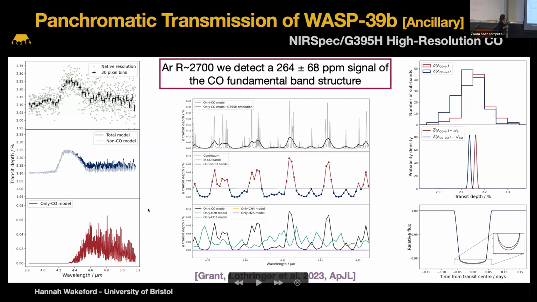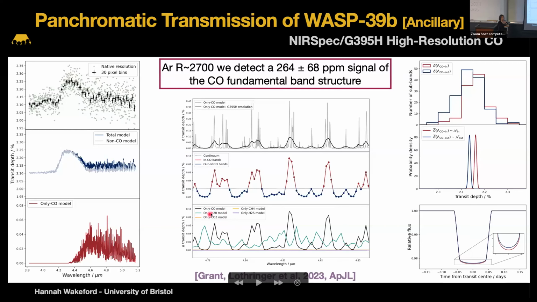Another thing that we can do with some of the JWST spectra is we can look at some higher resolution observations. So with the NIRSpec instruments, we can get to an R of 2,700. And with this, we can start looking at some of the fundamental band structure of different materials using cross-correlation techniques, or simply using this kind of summation of the in versus out of bands for things like CO and methane as well.